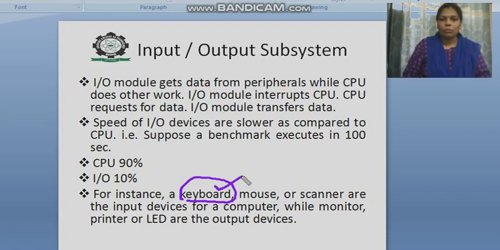Now the mouse: by clicking on this device we can select whatever data resides in our computer system and use it for processing. Scanner is some kind of input output device. Monitor is a basic output device. Printer is used to get hard copies of whatever is written on our screen.